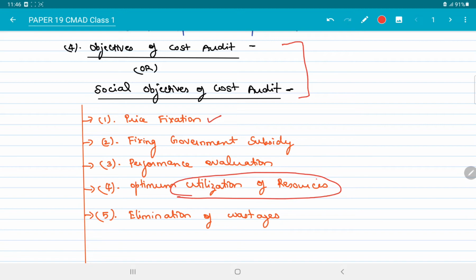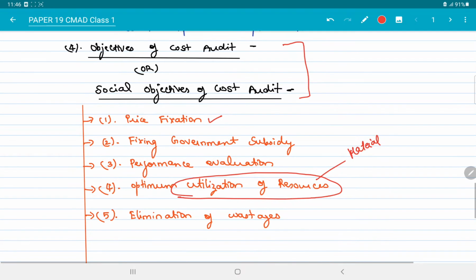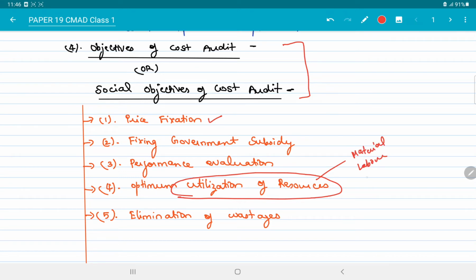As we saw, resources means material, labor, machine. All those are optimized and utilized in a proper way. There is no idle capacity.